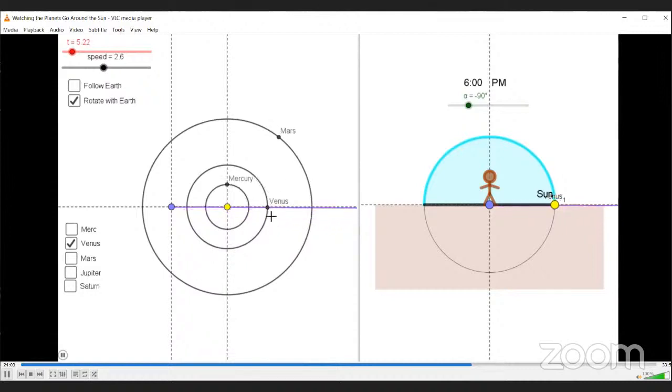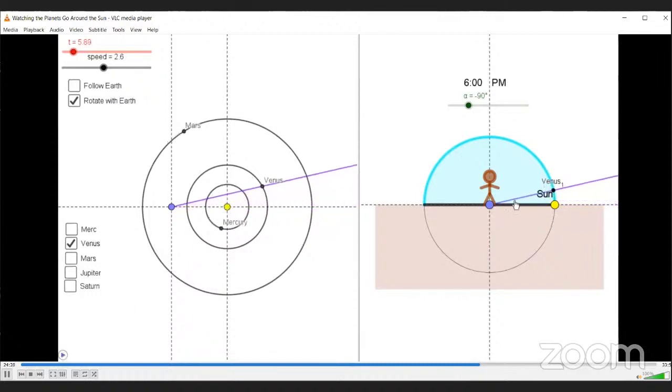But then it takes a long time to go around the far side of the sun and come back up to greatest elongation in the evening sky. Okay. Now, the same thing happens for Mercury, although it's not as extreme, because the tangent lines for Mercury are a little bit closer to being symmetric. But again, it's a long haul coming back around.